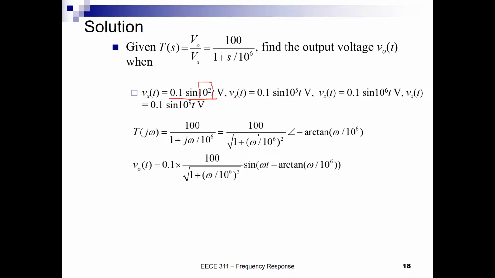Okay, and we said that in our derivation on the chart that the transfer function can be written as the product of an amplitude and a phase. The phase is minus arctangent omega over omega 0, and the magnitude is really K over the square root of this expression here. And that the output is going to be the amplitude of the input multiplied by the gain times sine omega t plus the phase phi.